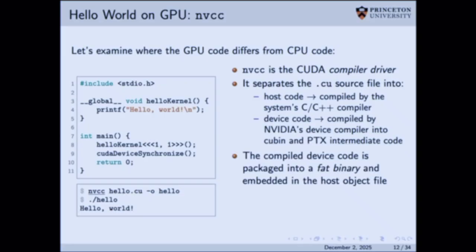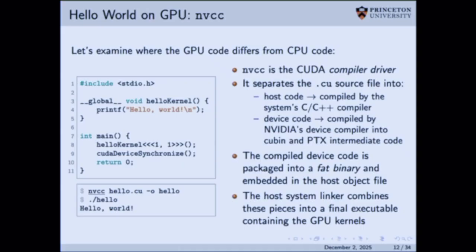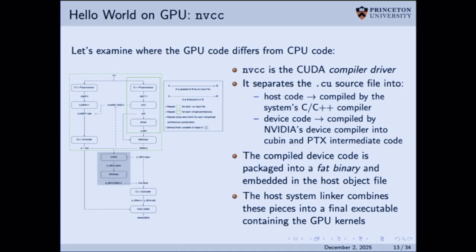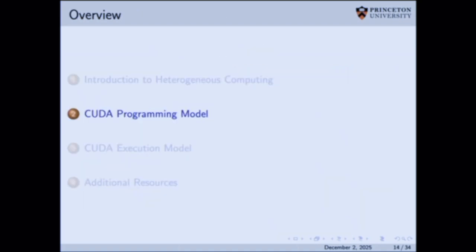If it's compiled for the device, it's packaged into what is called a fat binary, then embedded into the host object file and linked, so you have a final program that has both the CPU and the GPU components. And here's a fun diagram from NVIDIA's documentation.